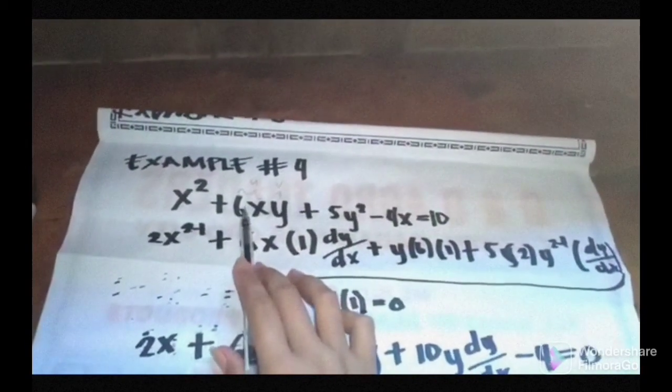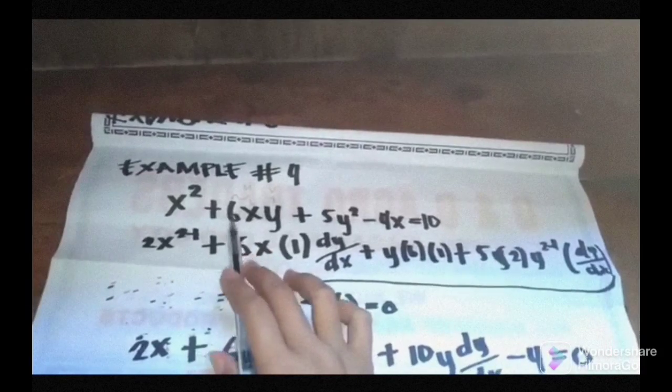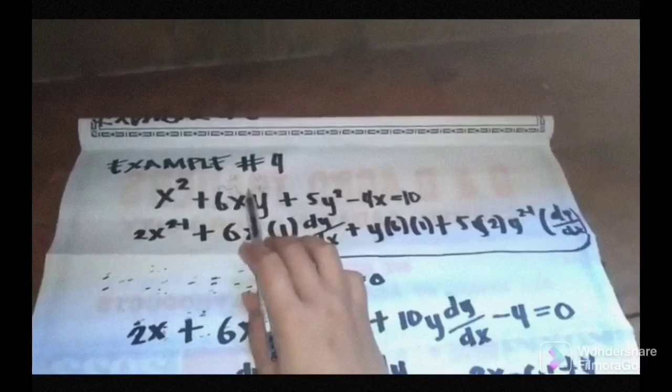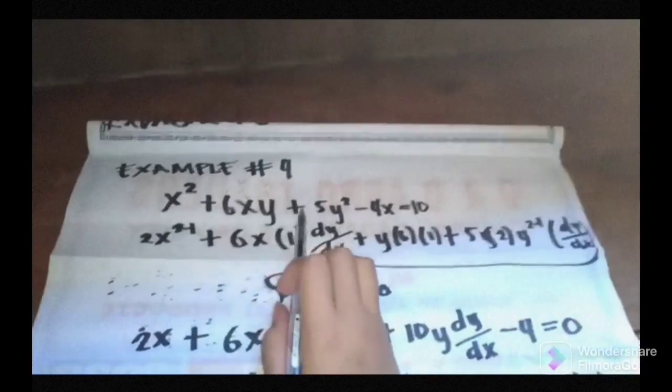So, we will let our 6x be our u and our y be our v.